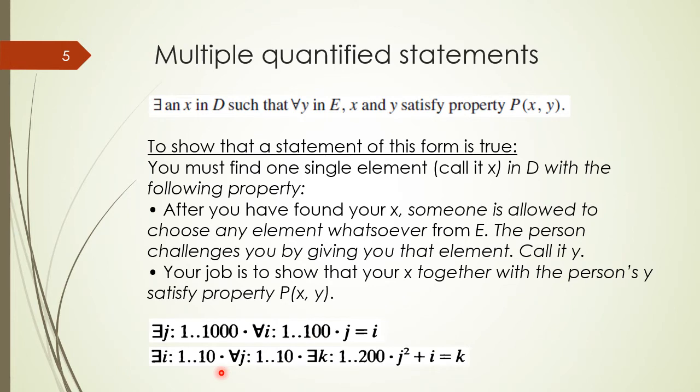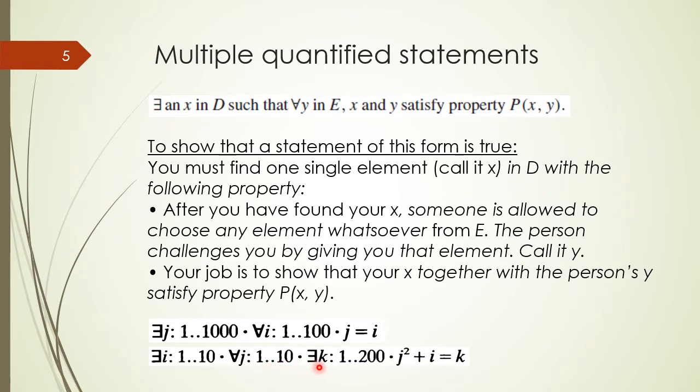Now we have another example containing three quantifiers. The existential quantifier is on the domain of first 10 positive integers. Then we have a universal quantifier on first 10 positive integers.